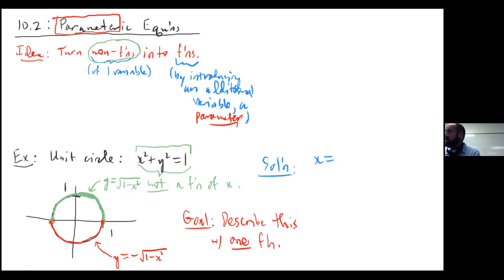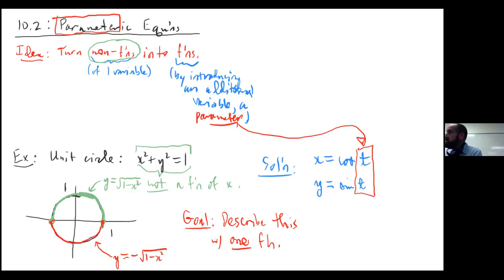Cosine, okay? x equal to cosine of t. And look, x and y each become a function of a new variable. Does that make sense? And so what's y going to be? Sine of t.